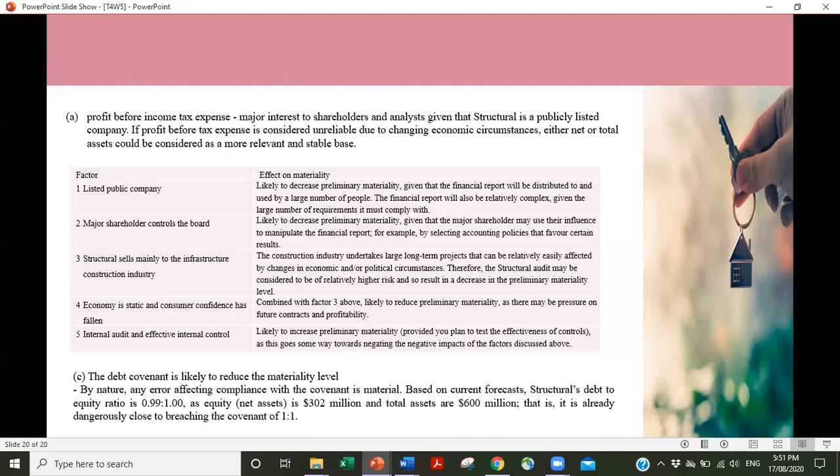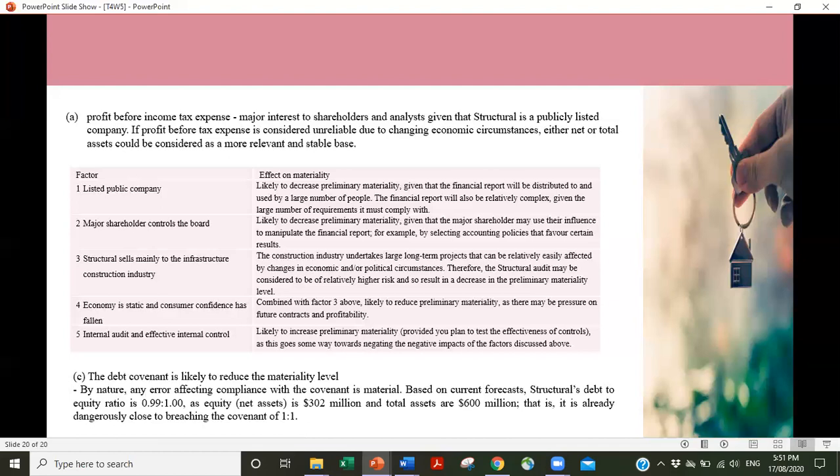And then the last part of the question is they refinanced their debt, and part of their requirement was that their ratio was to be better than 1.1 or 1 to 1 for their debt covenant.